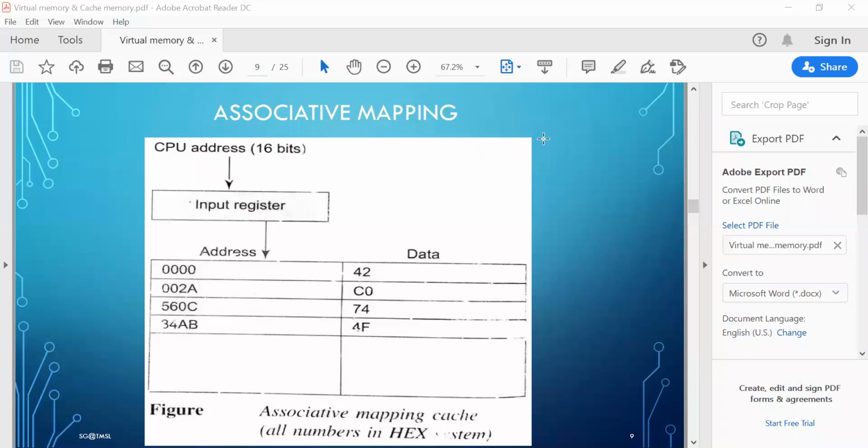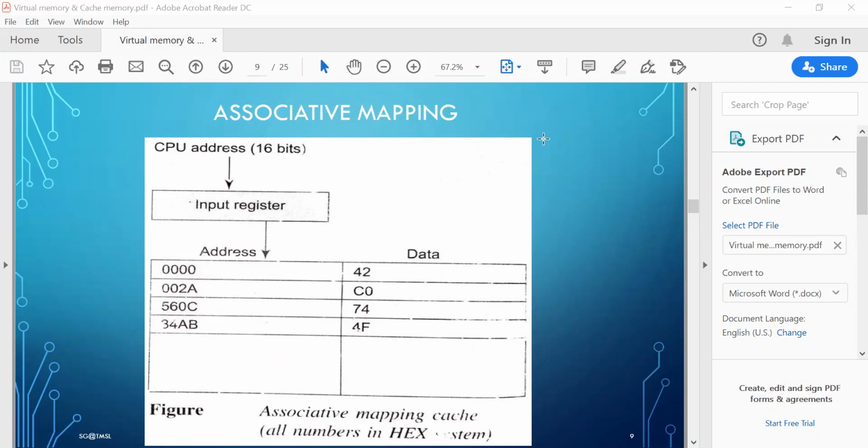These instructions must be replaced with the new instruction or new data byte. So for this replacement of old data bytes with new ones, there are certain algorithms, and these are called replacement algorithms. There are two types of algorithms available. One is the first in first out algorithm, another is the least recently used algorithm, or LRU algorithm.